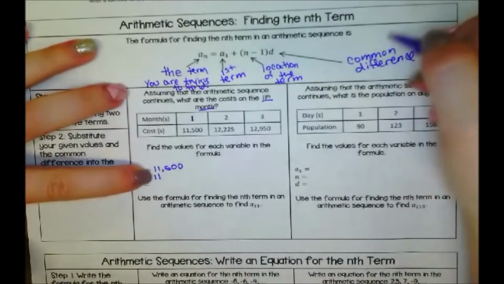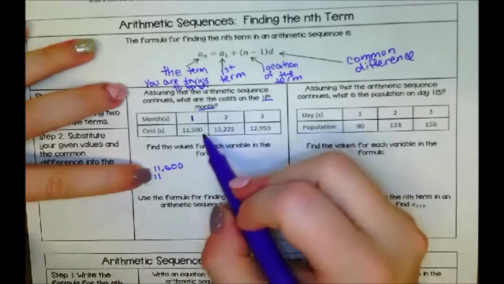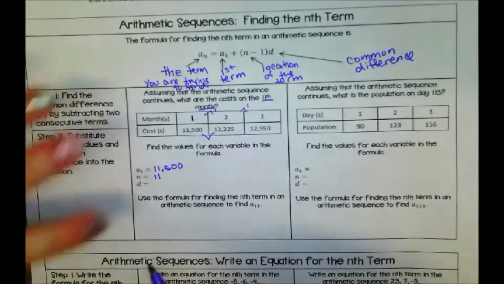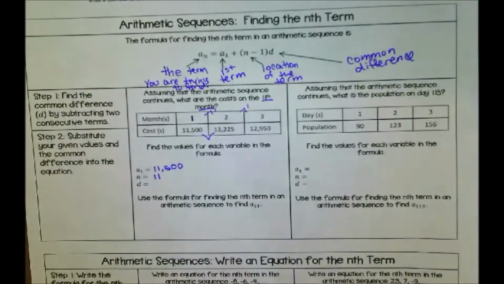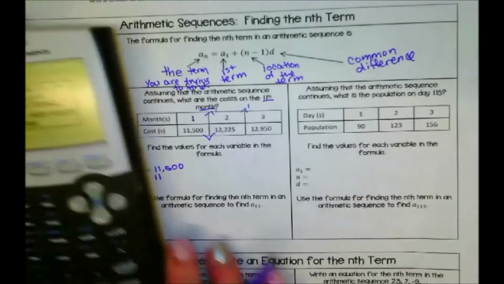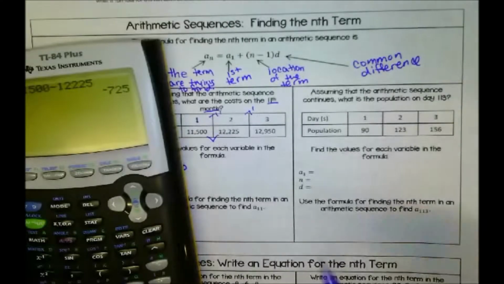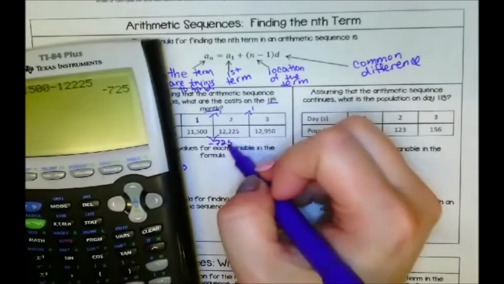So here, if I want the 11th term, I need to know what this is counting by. So this does count by ones on the x's, which is good, which means I only need the common difference down here. So 11,500 minus 12,225. So it's going down by 725.